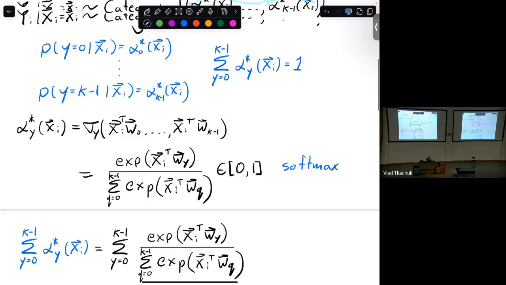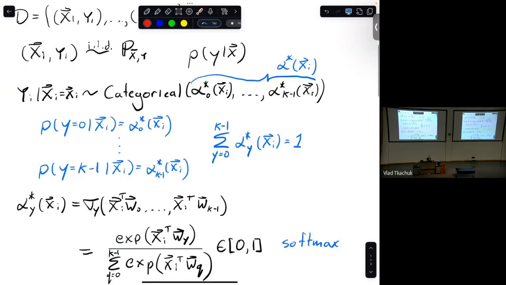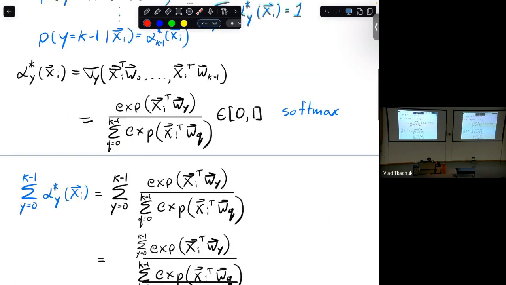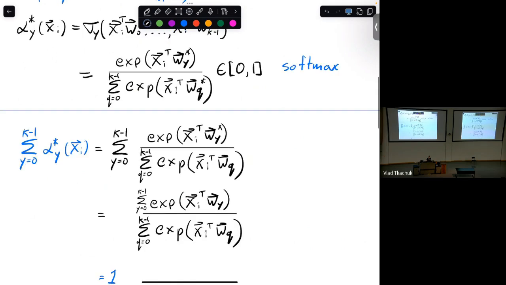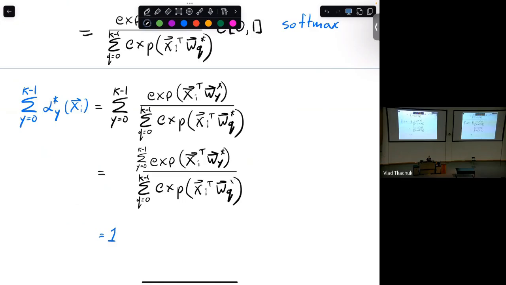Okay, so after doing all this, what we now have is a representation for each one of these parameters based on some weights. And these weights should all have a star on them because these are the true weights representing the true parameter. And in the binary case, this was just the sigmoid function. Here we use the softmax.